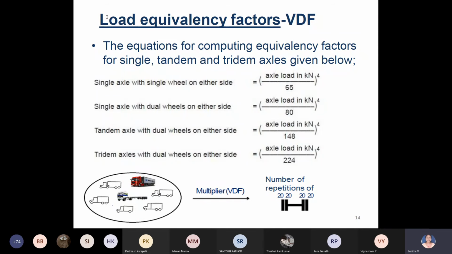For single axle with dual wheels on either side, the axle load in kilonewton divided by 80 to the power 5. For tandem axle with dual wheels on either side, it is axle load by 148 raised to 4. For tridem axle with dual wheels on either side, it is axle load by 224 raised to 4.